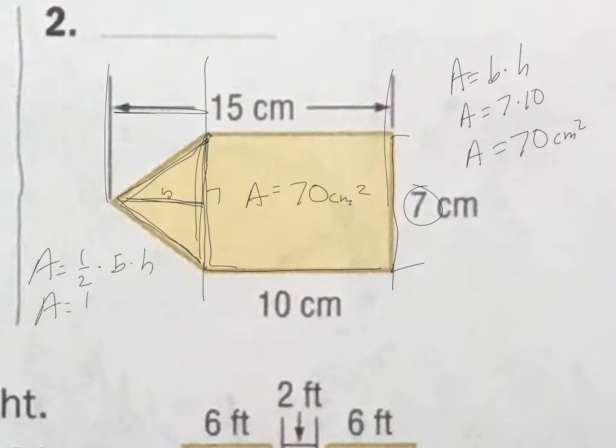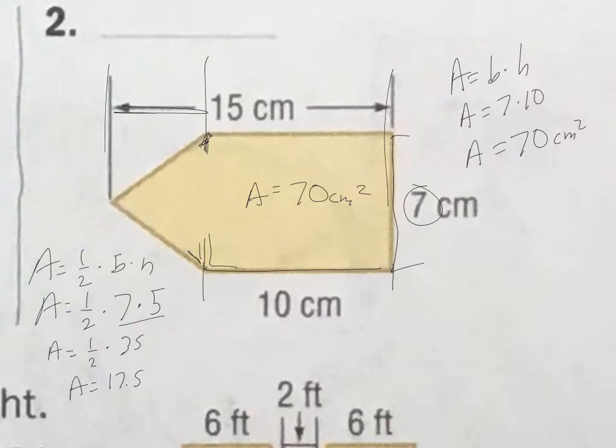So area equals 1/2 times base is 7 times height is 5. So I'm going to do that first. Area equals 1/2 times 35. And half of 35 is 17.5. So the area of this triangle is 17.5 centimeters squared.